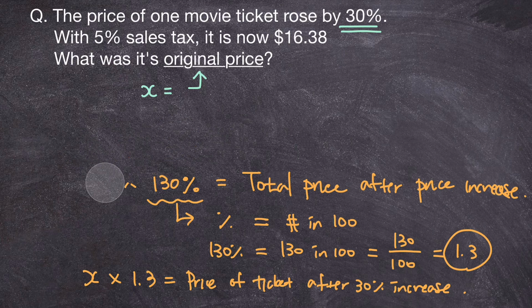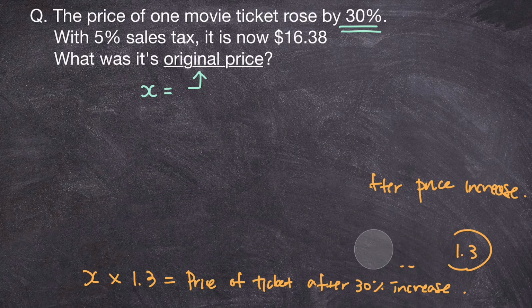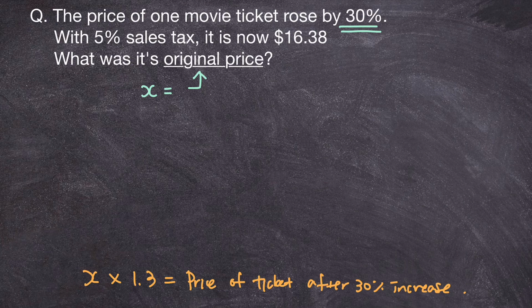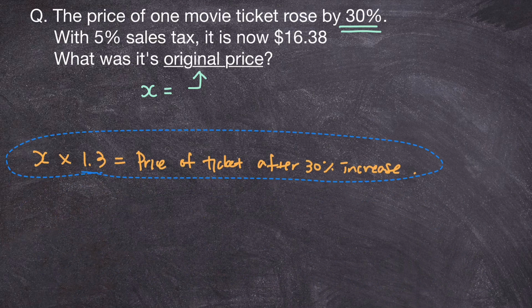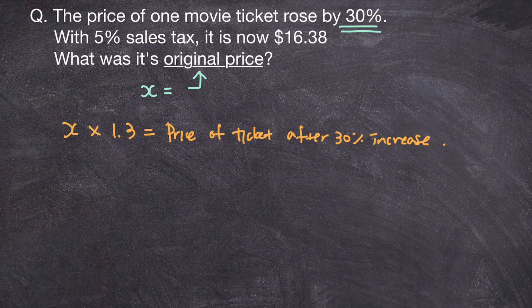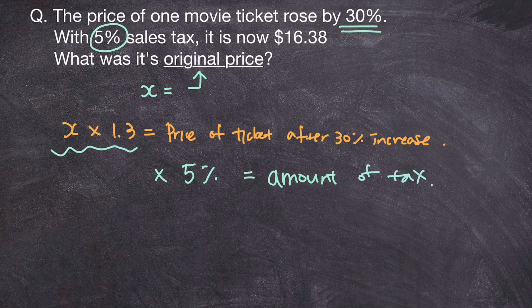But we are not done yet, because we need to calculate tax as well. So, in addition to this price, I am also going to multiply the sales tax of 5%. But again, you should not multiply by 5%, because if you do that, you are going to get the amount of tax, not the total price with tax.